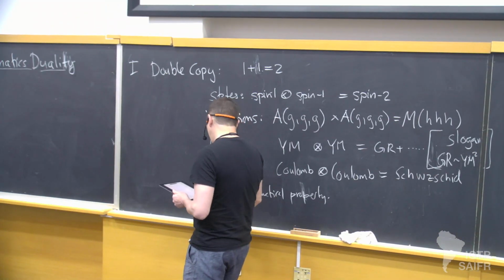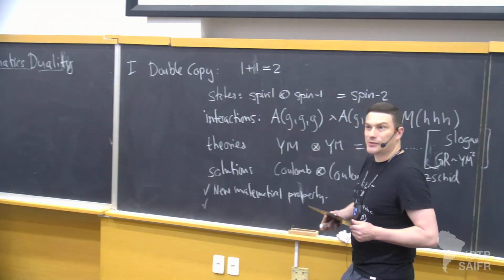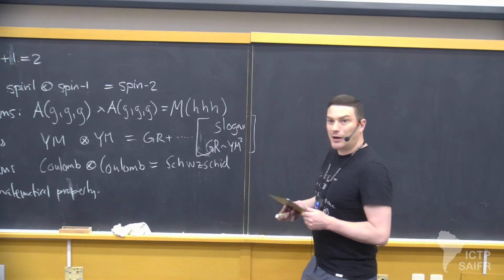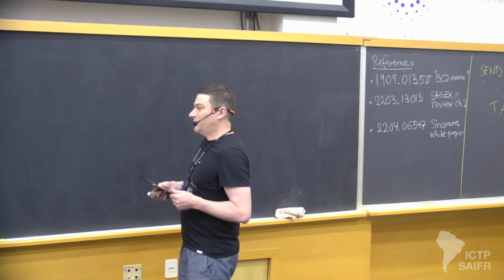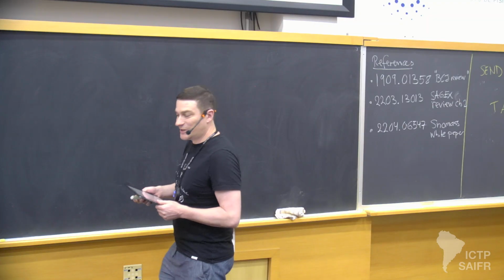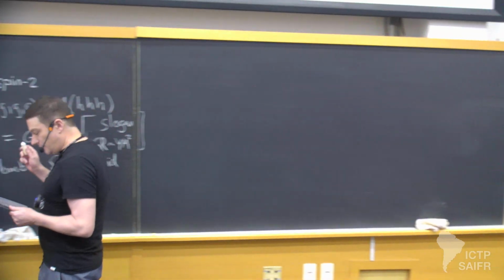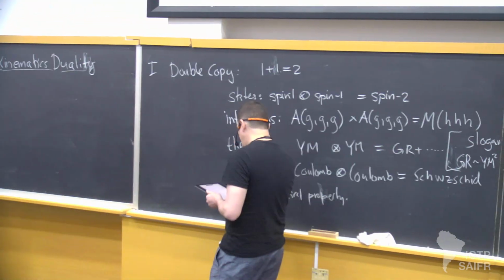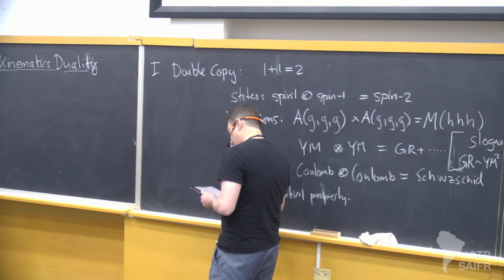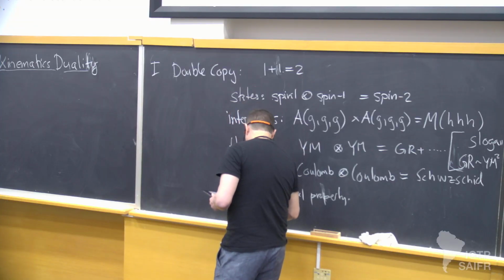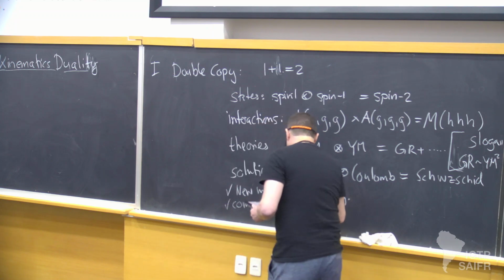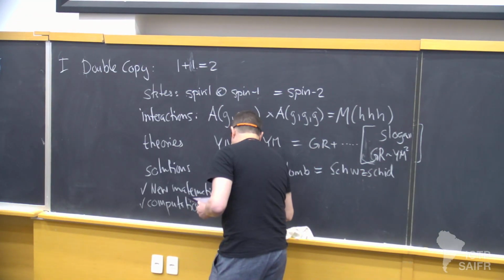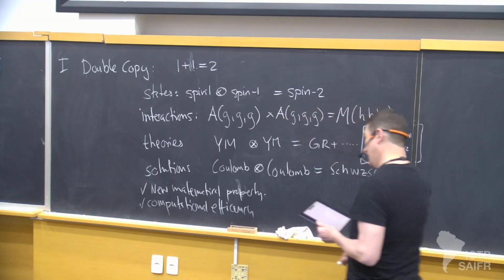But it's not just a new structure, because there's lots of ways to formulate GR or gravity, and they all have their benefits and pros and cons. But here, one big pro is that it actually gives you computational efficiency. Sorry for my handwriting.